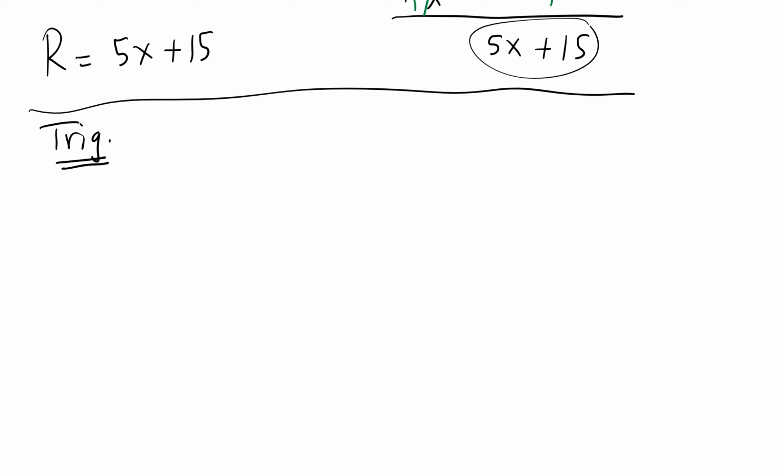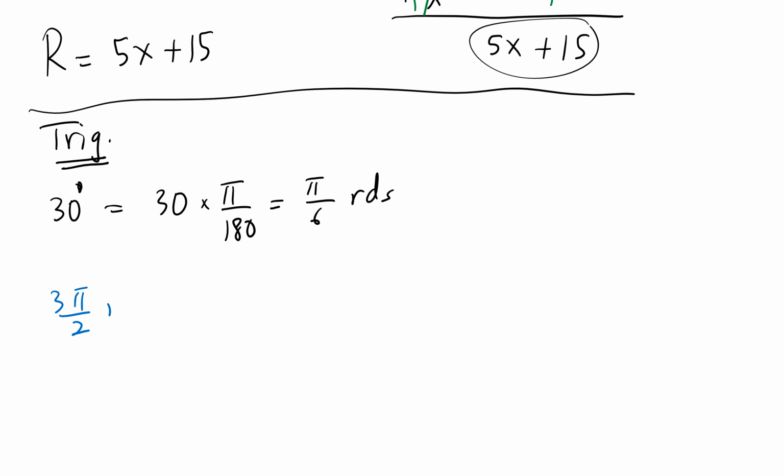First thing I want to talk about is how you convert, let's say, 30 degrees into radians. The way to convert is to take that 30 and always multiply by pi over 180. That gives us pi over 6 radians. Now the reverse: 3 pi over 2 radians. How do you convert that to degrees?